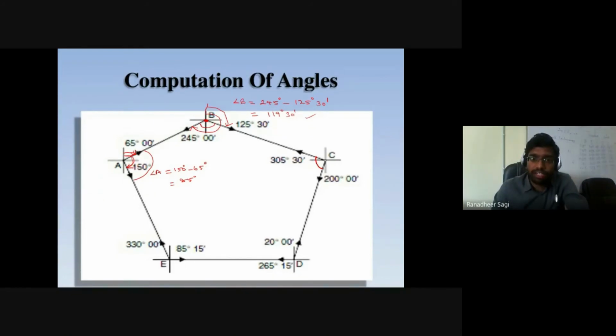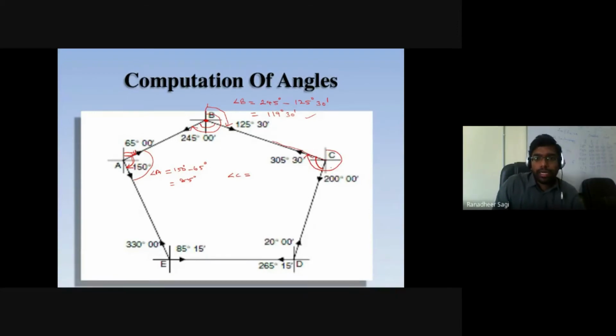That bearing is called the back bearing, because if I need to look at my BC line from station C, I have to look back. That is in the opposite direction of your traverse. So with respect to station C, the BC line bearing we write down is the back bearing.